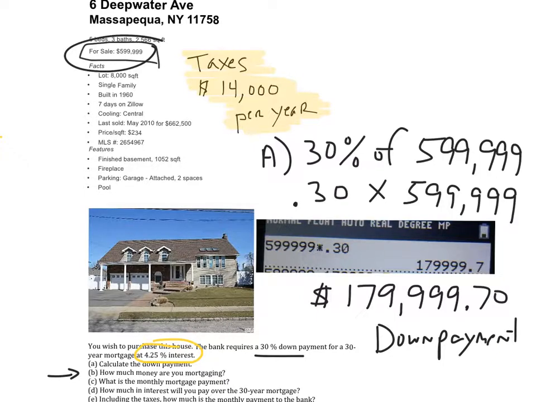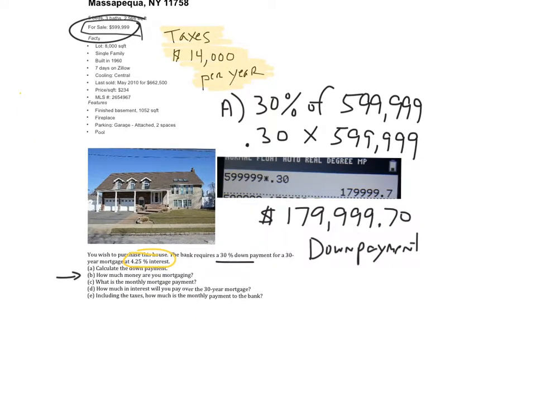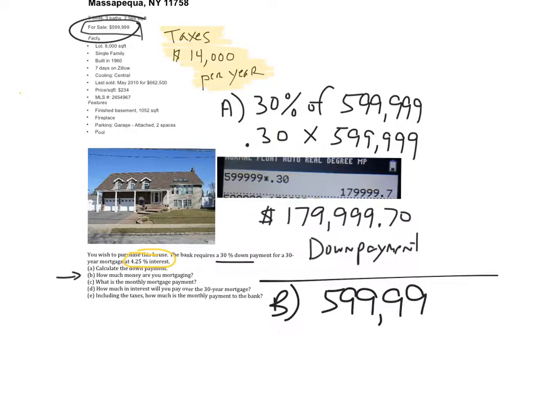Letter B is asking us how much money we're mortgaging. Well, we're going to take, for letter B, the price of the house, the $599,999. And we're going to subtract the down payment, which is the $179,999.70.